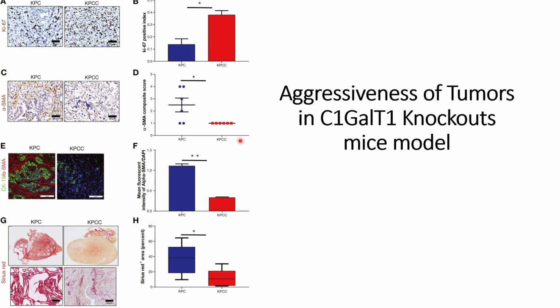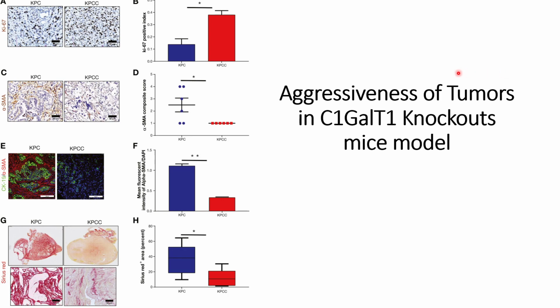So all these results indicate the aggressiveness of the tumors in the case of C1GalT1 knockout, and that this leads to less stroma formation because of the less time available for stroma formation across the tumor cells as they are continuously proliferating.